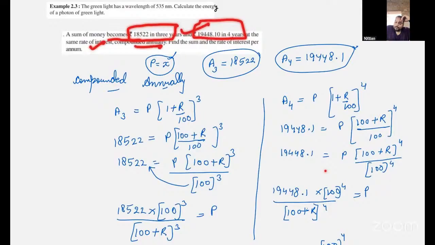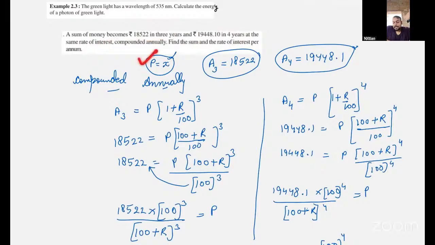We have to find the sum, which is the principal, and the rate. So I wrote the values. Principal, which is unknown, I took it as x. Amount 3 means amount in 3 years, which becomes 18522. Amount 4 means amount in 4 years, which is this.